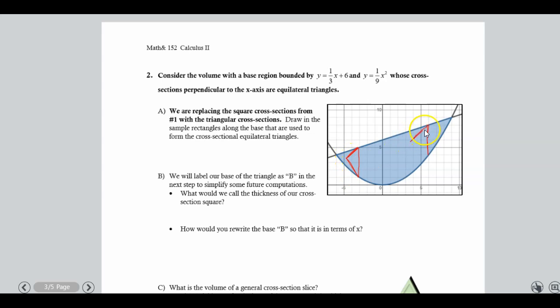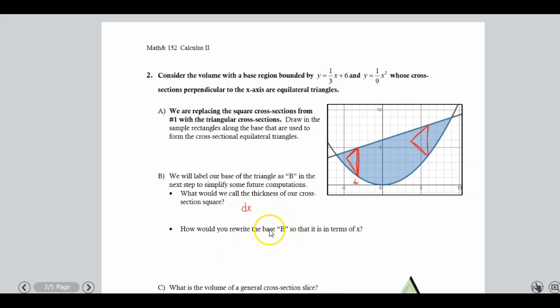All right, so equilateral triangles coming out from that plane. So these would actually be pointing toward you. The first thing we're going to do is look at our thickness, right? The thickness of this little edge that's touching our base region is going to be a little dx right there. So thickness we would say is dx.